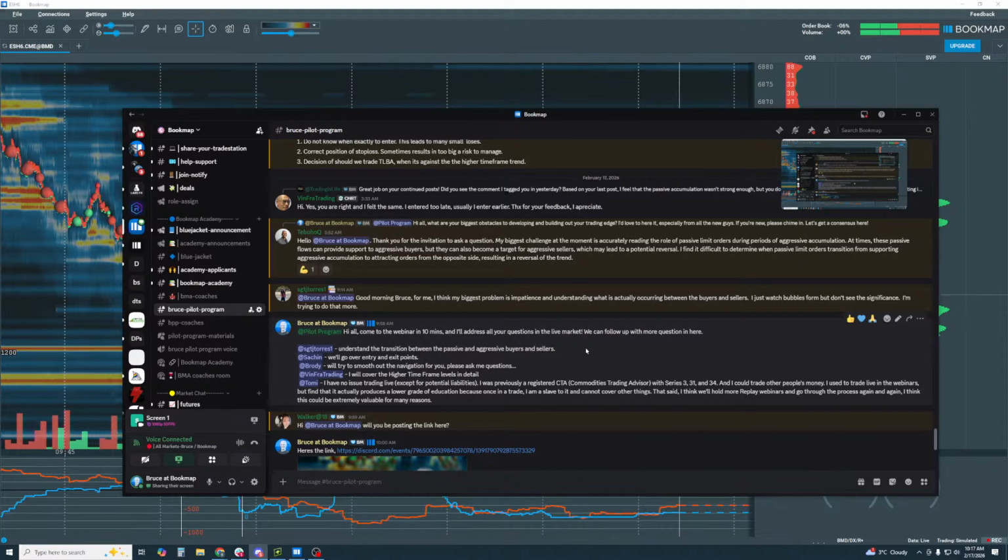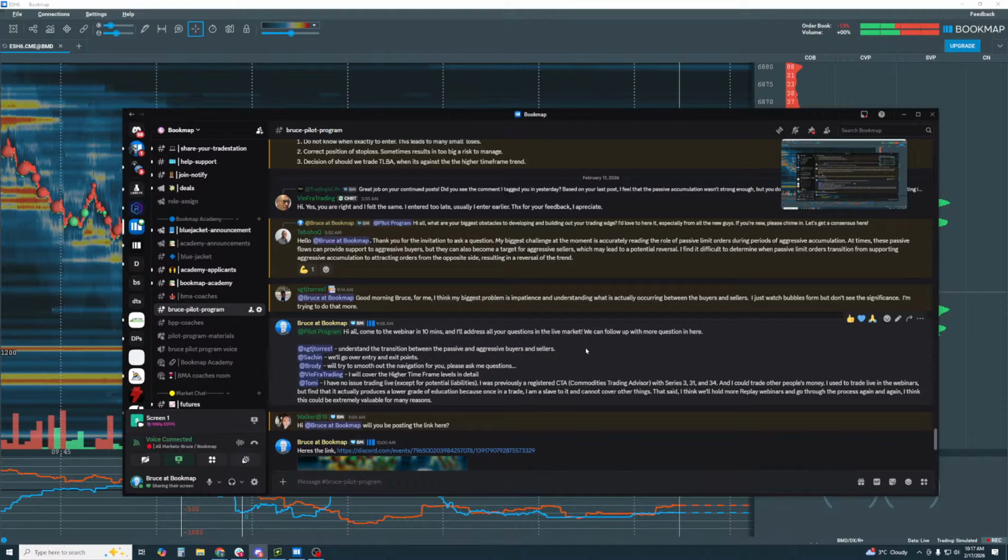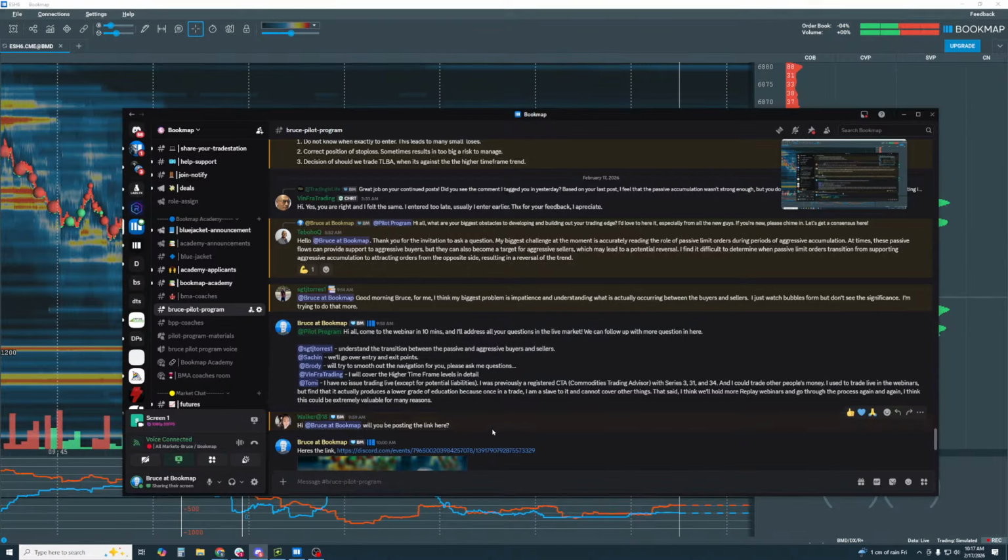Anyway, that was the easiest test of all. I could trade other people's money. I could trade live, no problem, and did trade live. In fact, for this Australian group years ago, we would trade news events live. In fact, we'd straddle the market and trade live. Anyway, and that was in the Forex markets.